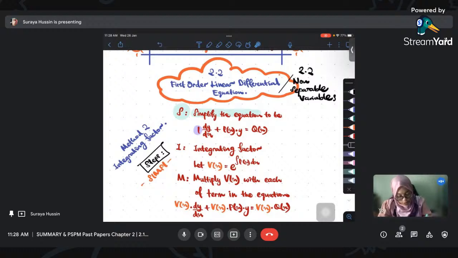And then qx is another function at the back, and equal it.